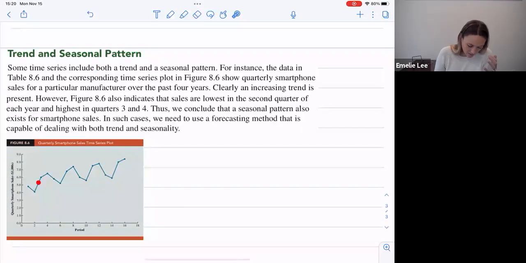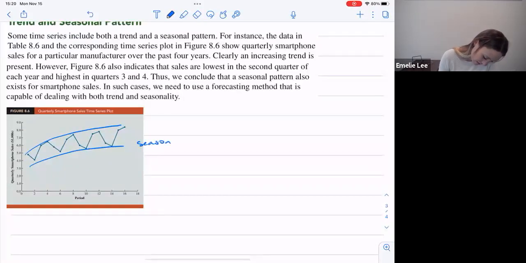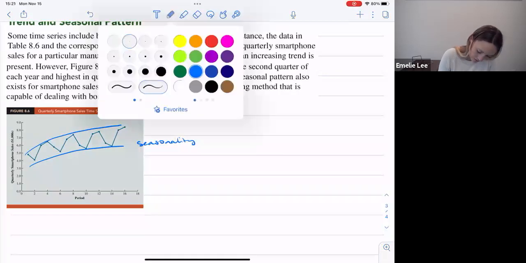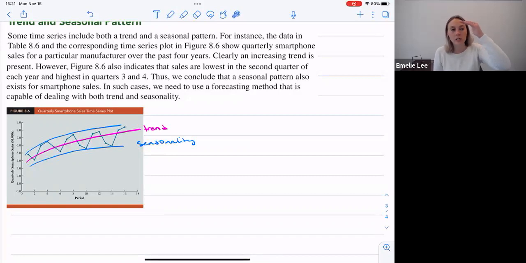We notice there seems to be a constant wave of variability, and that's the seasonality part of it, whereas this movement here is the trend. We still have an upward trend, but it seems to be arching off, and that's still an upward trend.